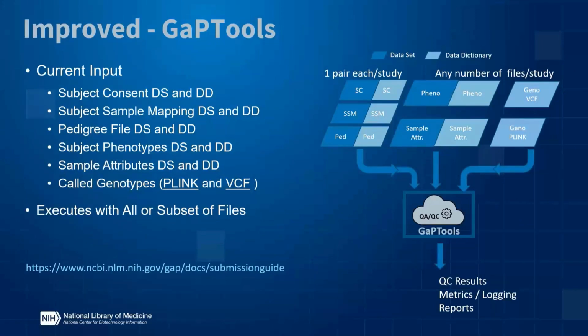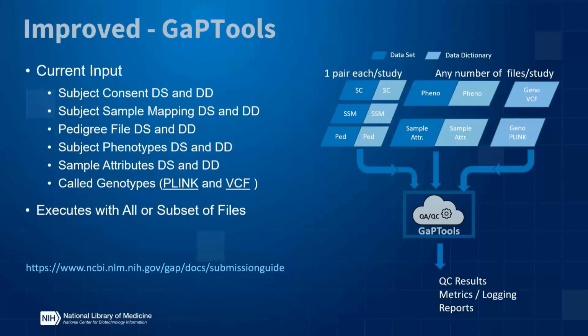Now I'd like to talk about GaPTools and what it is. It's a validation software that we've developed to operate on the dbGaP formatted files. The current input is the subject consent, subject sample mapping file, pedigree file, subject phenotypes, sample attributes, and called genotypes in both PLINK and VCF formats.